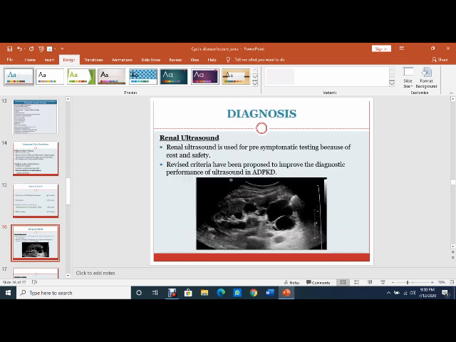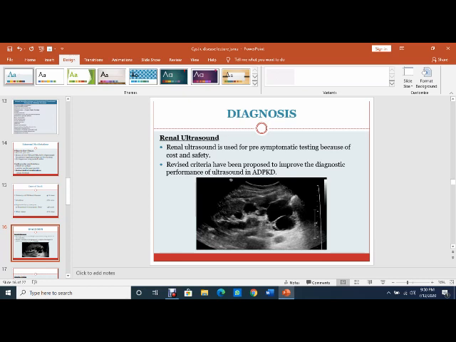How will you diagnose? Diagnosis is easy. It depends upon the cyst size. If the patient presents to you in the nephrology clinic, a thin lean patient, if you palpate the kidney bimanually, the cysts can be palpable. If the patient is obese, it is difficult to palpate.